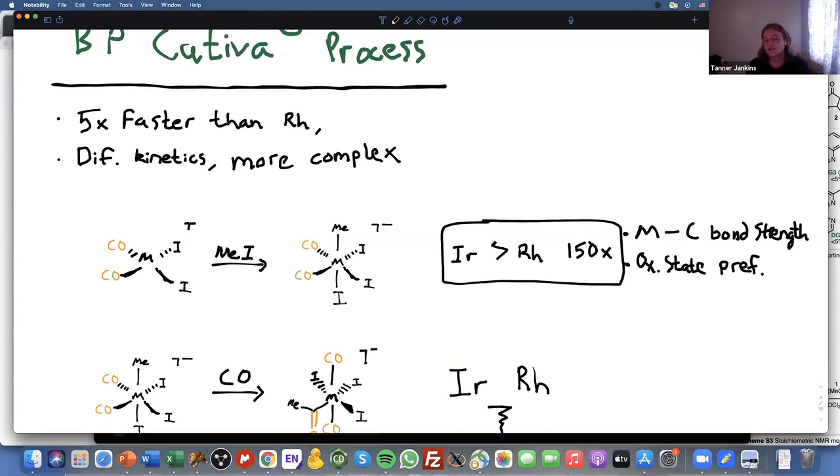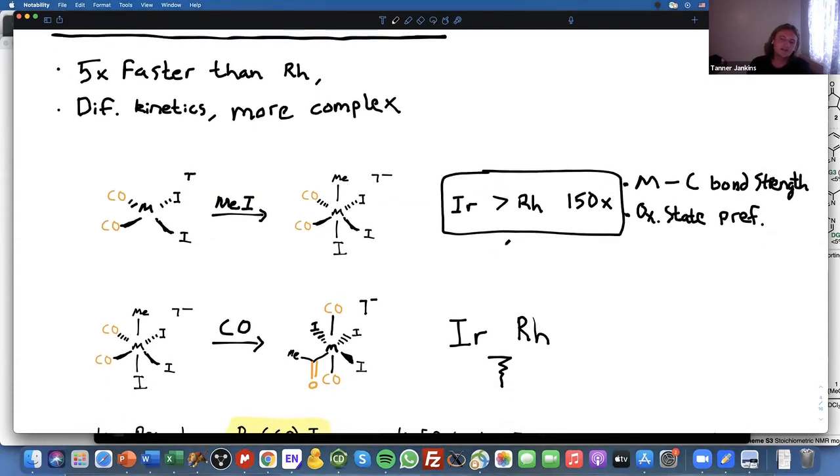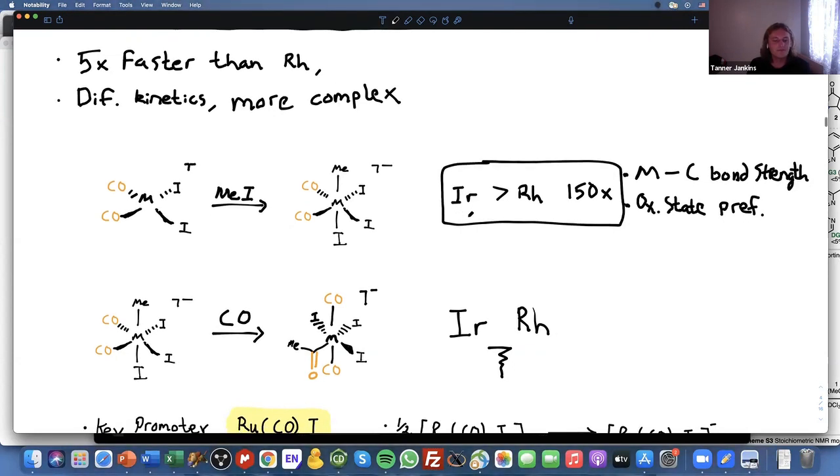Additionally, as I alluded to for the mechanism, these third row transition metals can more readily adopt higher oxidation states and are typically more stable in higher oxidation states. So for these reasons, they attribute the faster oxidative addition of the anionic iridium compared to the anionic rhodium.